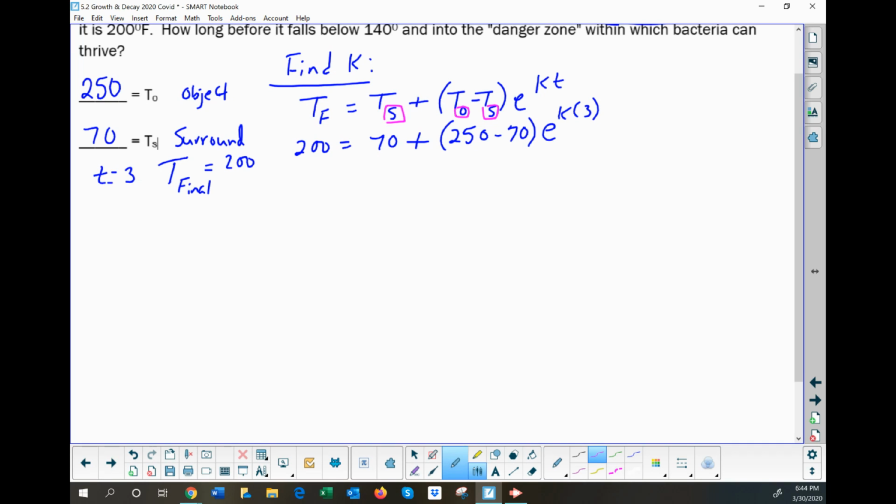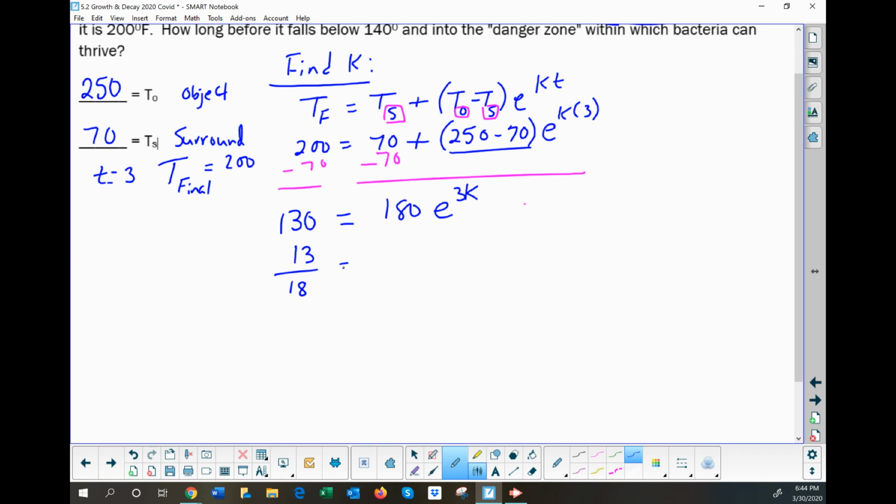It is all algebra from here on out, so 130 equals 250 minus 70, which is 180, e to the 3k. Divide by the 180, that's going to give me 13/18 in a reduced format. Natural log both sides.